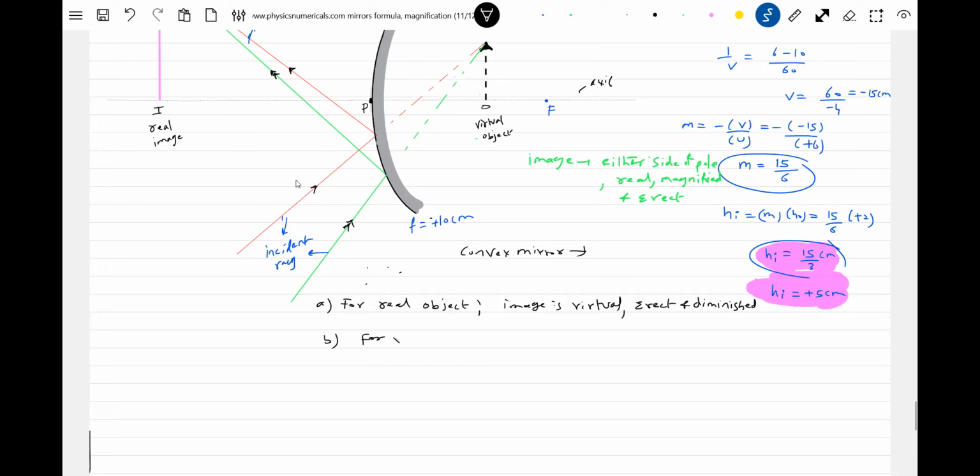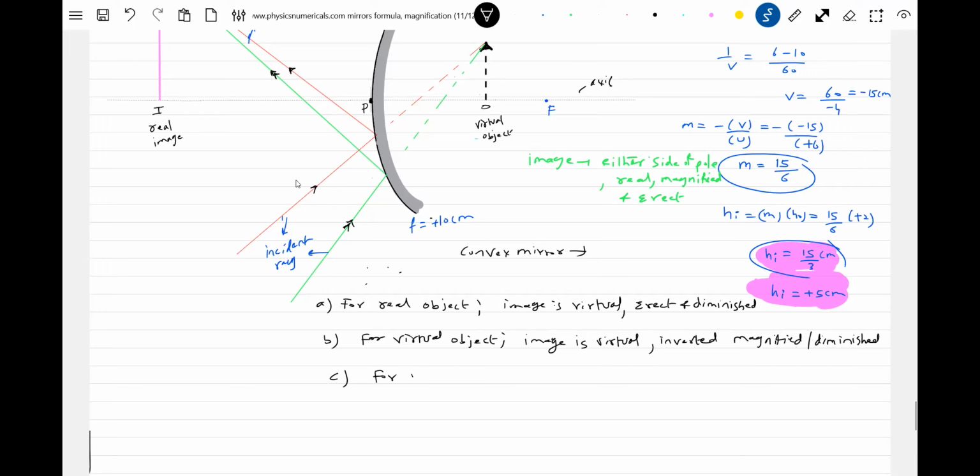Then for a virtual object, what about the image? The image is virtual, inverted, magnified or diminished. It all depends upon the position of the object.